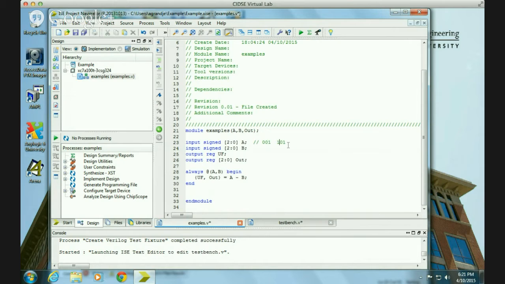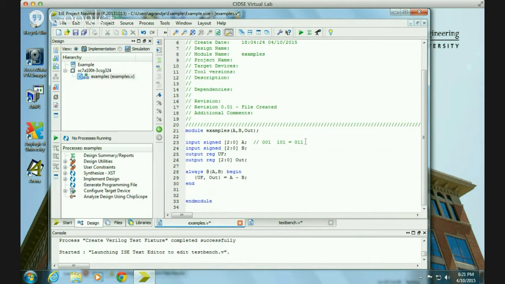Now, here that 1 means negative, so let's see, this would be 1, yeah. So this is negative, what, 3?